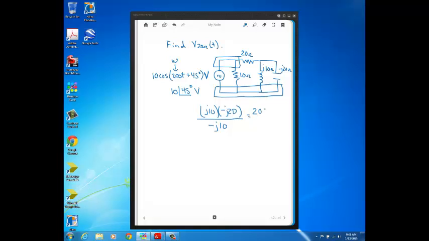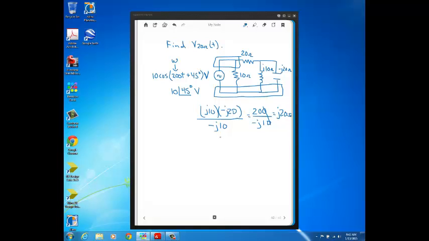So this is going to be 200 over minus J10. So you'll get 20. The J comes up top and changes sign. So the ZEQ of that inductor and capacitor in parallel is just going to be J20 ohms.